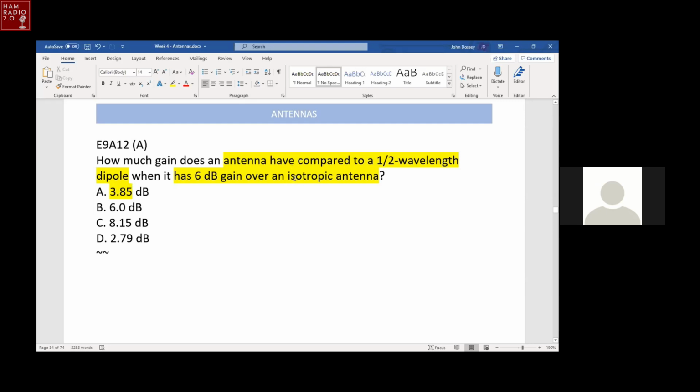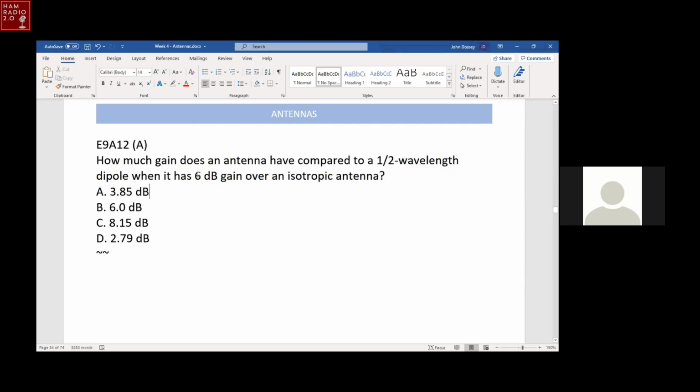No? Let me try it from another direction. So a dBi is 2.15 and a dB is 6.0, right? No, not quite. A certain antenna has 6 dB gain over the isotropic. Let's start with that. Let me erase all this.